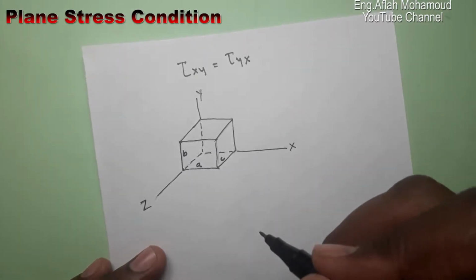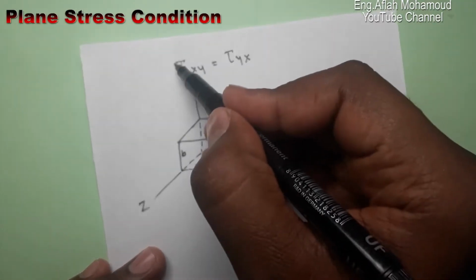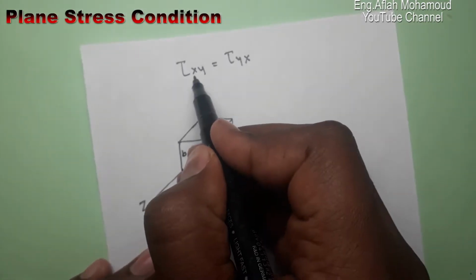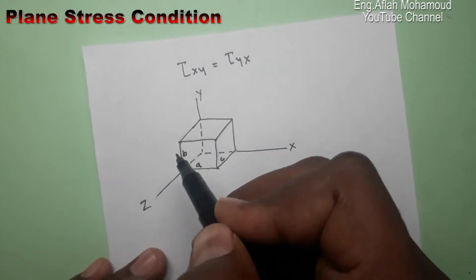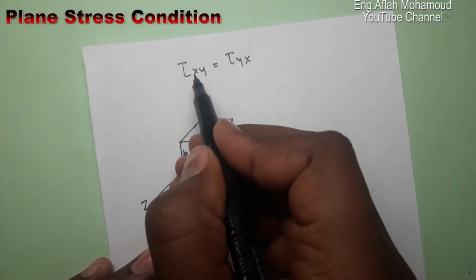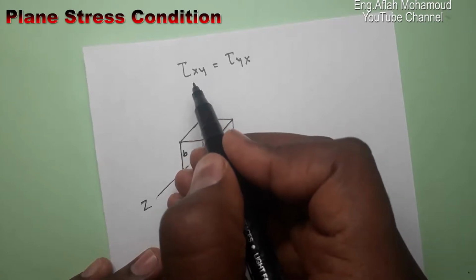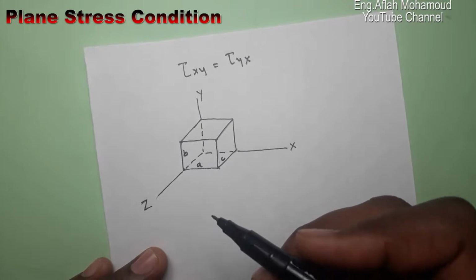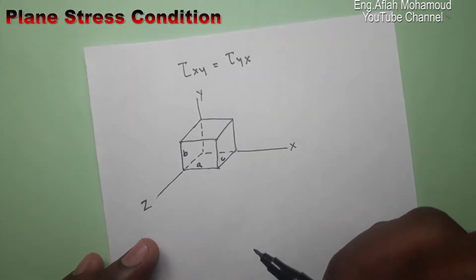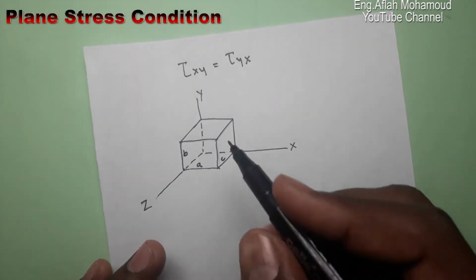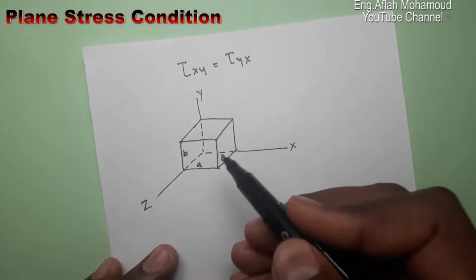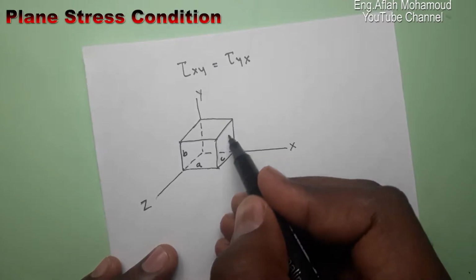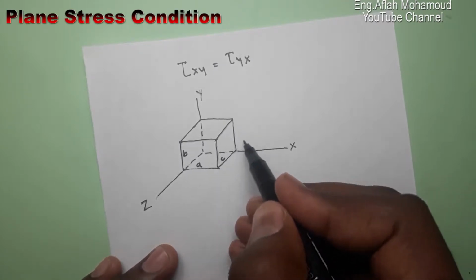Tau represents the shear stress. We have two subscripts here, x and y. The first subscript describes the direction of the plane. We know that planes are represented by their normal vector. For example, this plane has a normal in the x direction, so this plane is in the x direction.